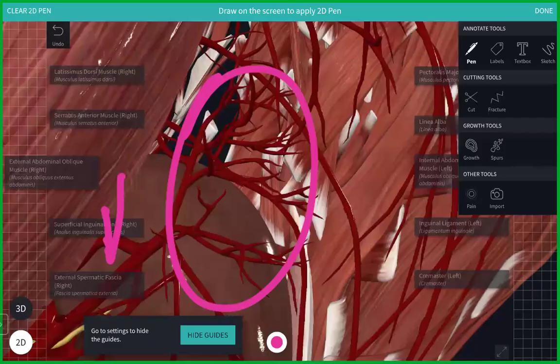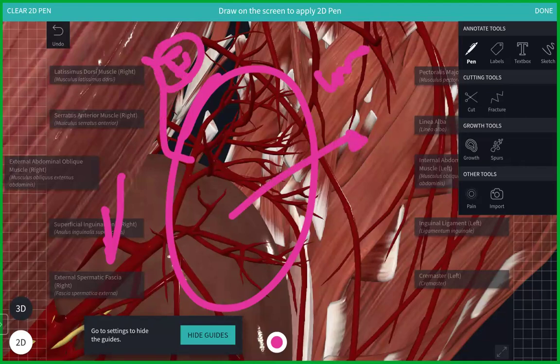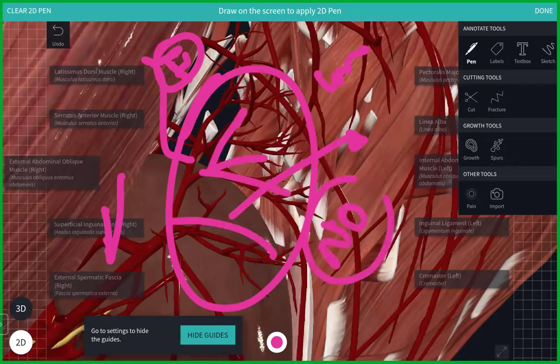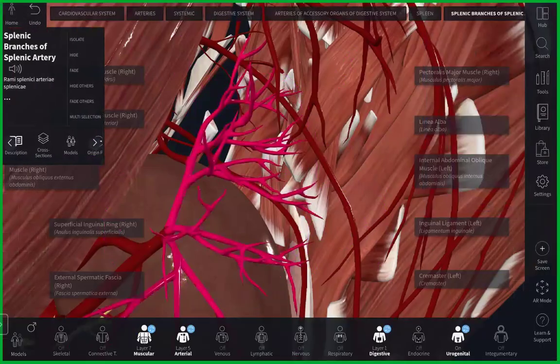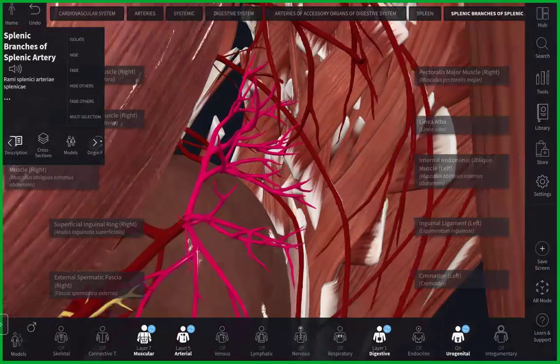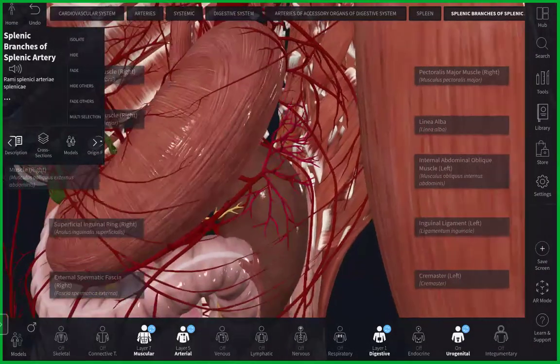Then our fundus of the stomach will lose its blood supply, because when we remove the spleen, will we keep the blood vessels of it? The answer is no, we won't. So our fundus of the stomach will lose its blood supply. That's a question you get asked frequently.